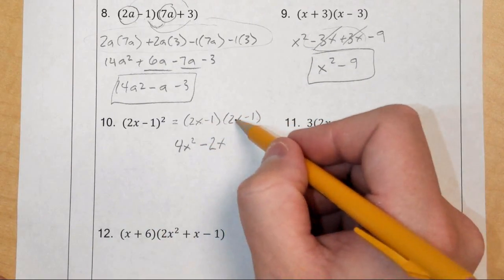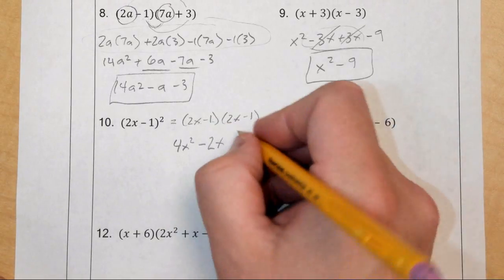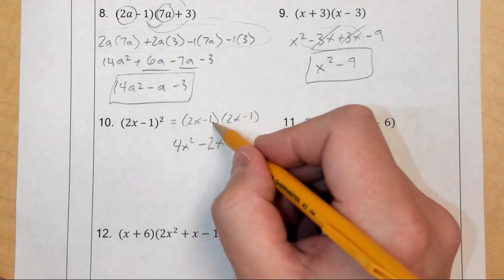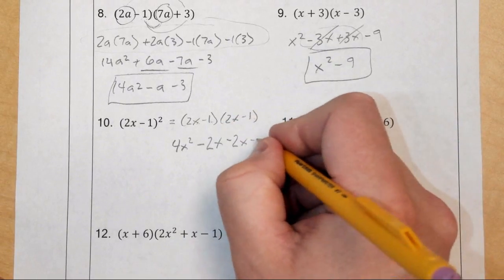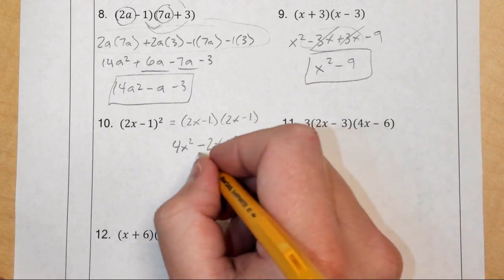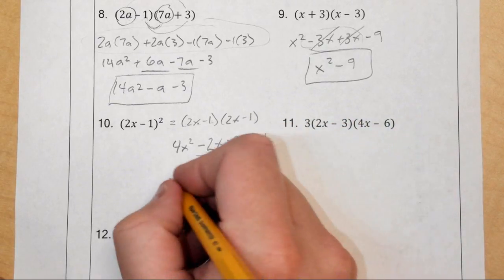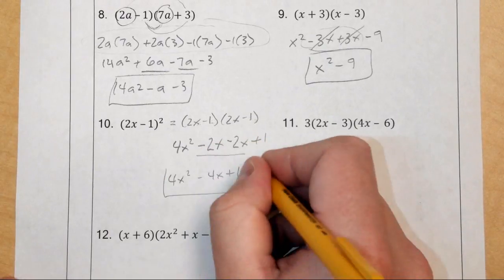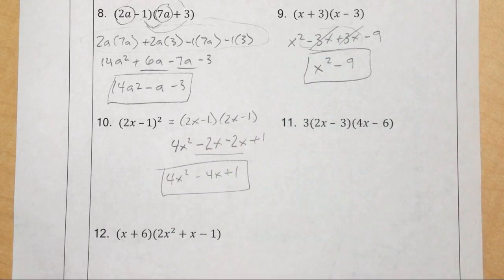I do the inner two terms, or the second term times the first term, you get another negative 2x. And then you do the last two terms, or the second term times the second term, you get a positive 1. And again, combining like terms, these two are like terms. So I get 4x squared minus 4x plus 1, and that is my answer on number 10.